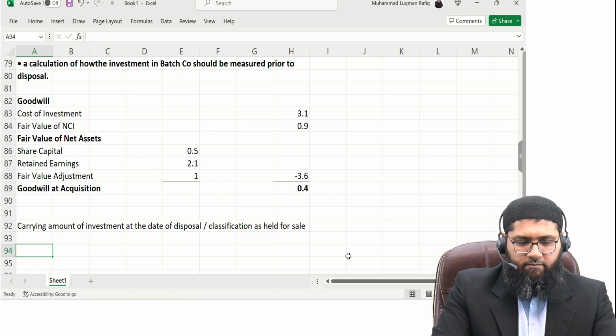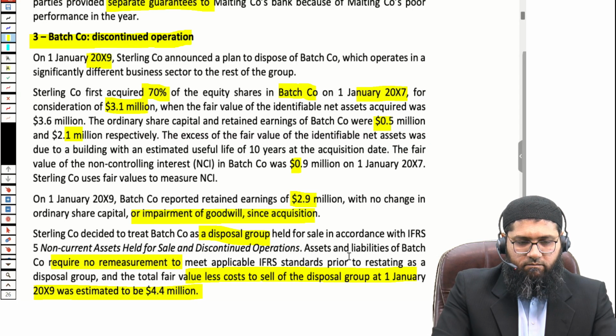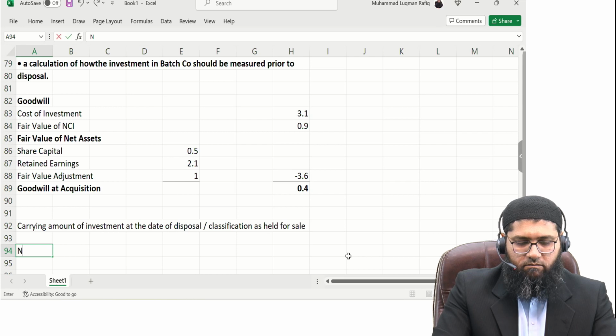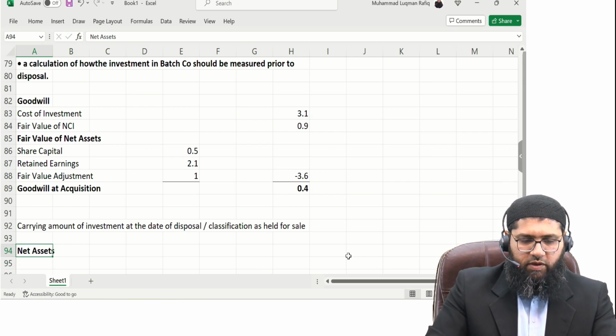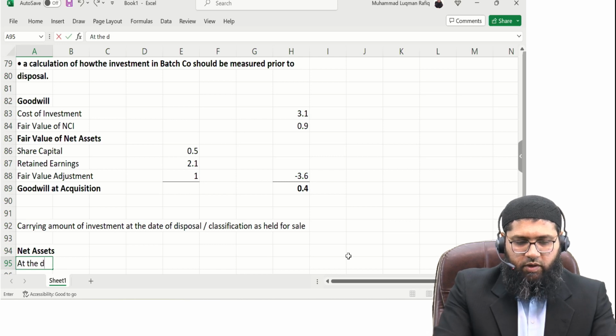The net assets is at the date of acquisition.